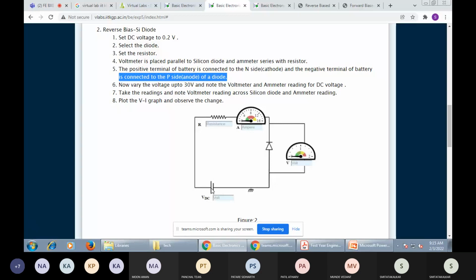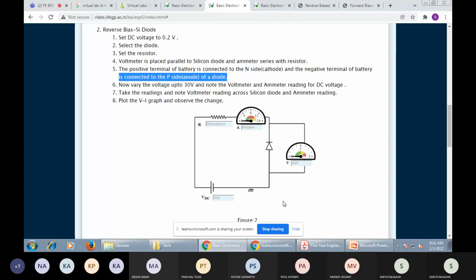But for the supply, the N side, the cathode terminal, is positive, and this positive terminal of the cathode and the supply are both positive. The P side is connected to the anode. The anode is negative charge, connected to the negative of the battery.